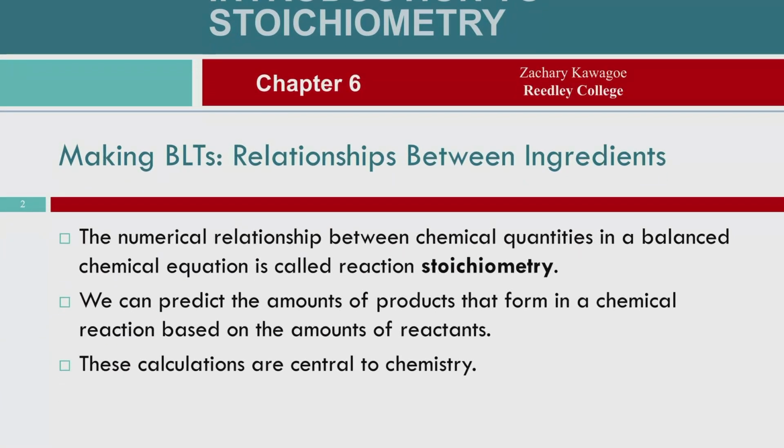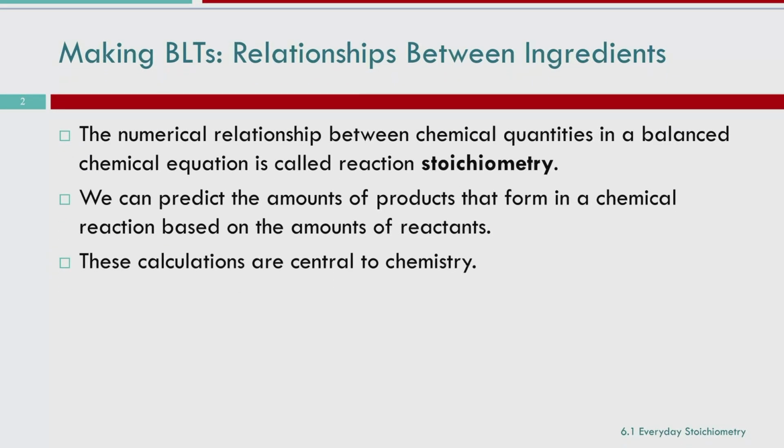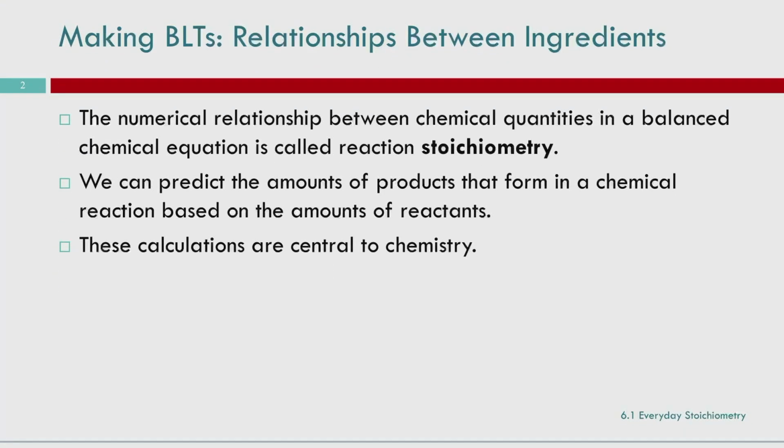So our analogy to introduce stoichiometry is going to be BLTs, bacon, lettuce, and tomato sandwiches. The numerical relationship between chemical quantities in a balanced chemical reaction is what we call stoichiometry.